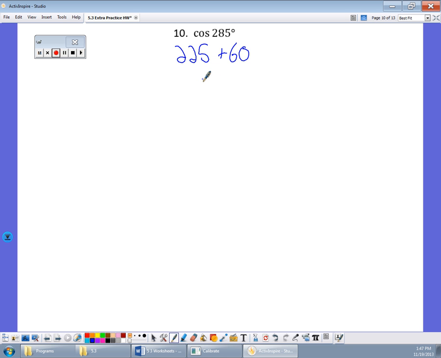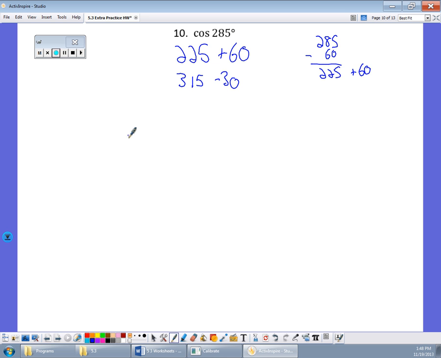You could also do 315 minus 30 if you wanted. 315 minus 30 would work as well. And again, I just know these are the reference angles in quadrant 3 and 4. And if you don't know that, you can do 285 and then either add or subtract 30, 45, and 60. So you see if you subtracted 60, you would get 225. So you know 225 plus 60 will work.